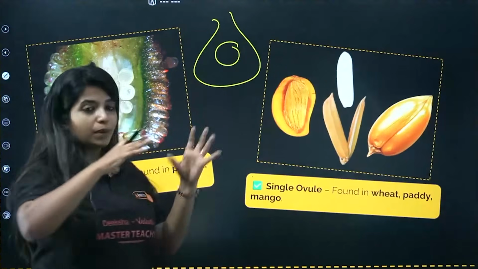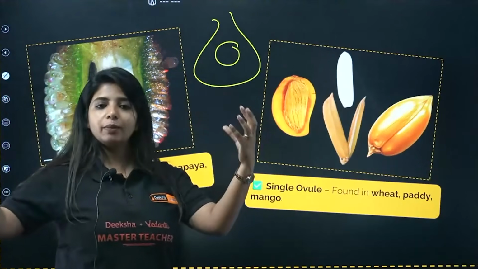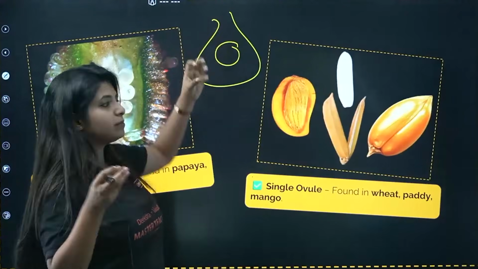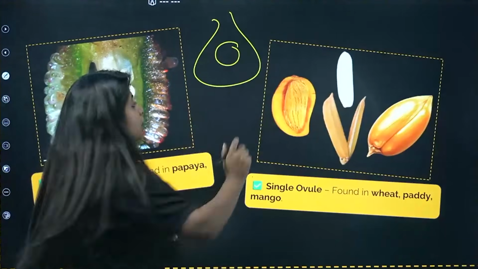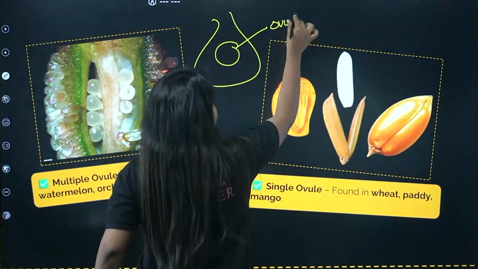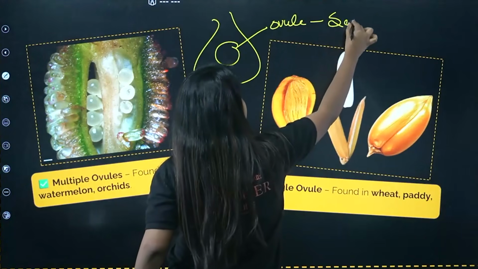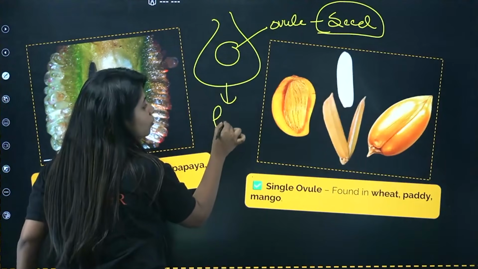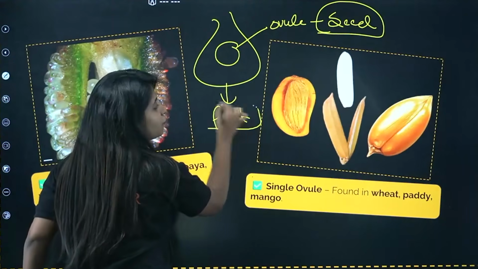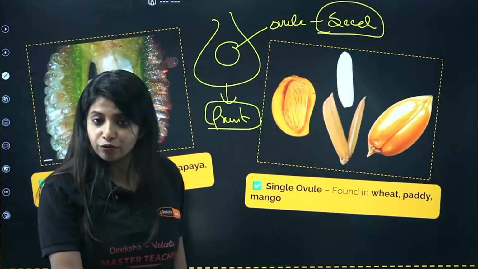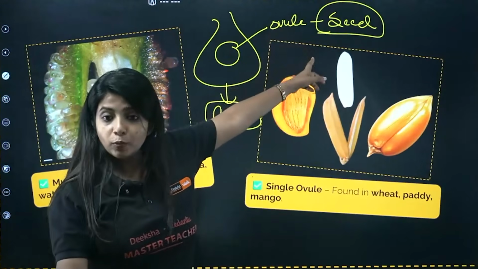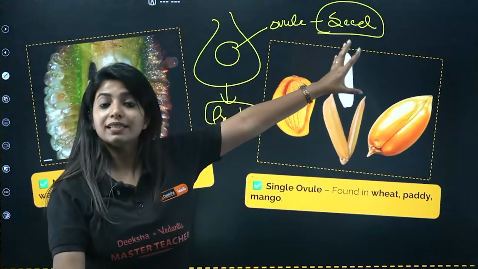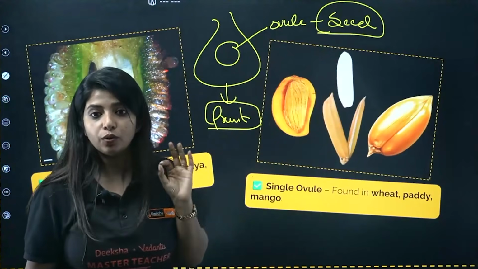Suppose the male and the female gamete are here, the male gamete comes and fuses, and fertilization happens. The ovule later transforms into a seed. What about the ovary? The ovary is going to become the fruit. The ovary becomes the fruit, and the ovule is going to form the seed. That is how things are going to go.